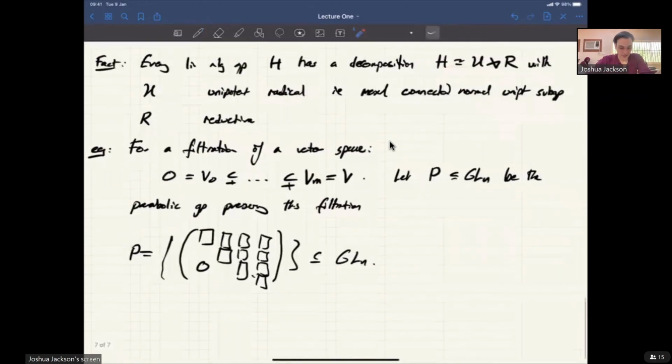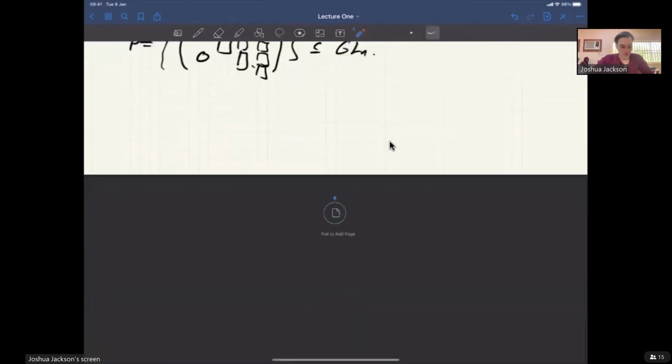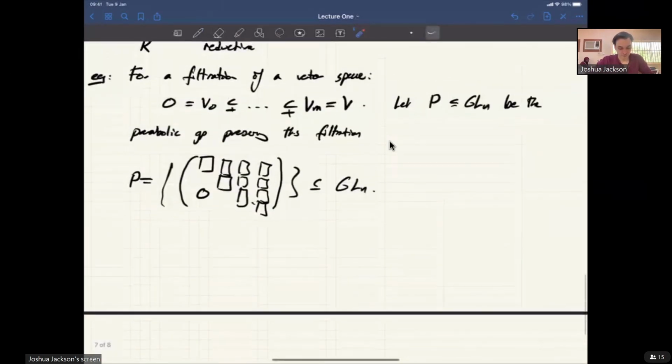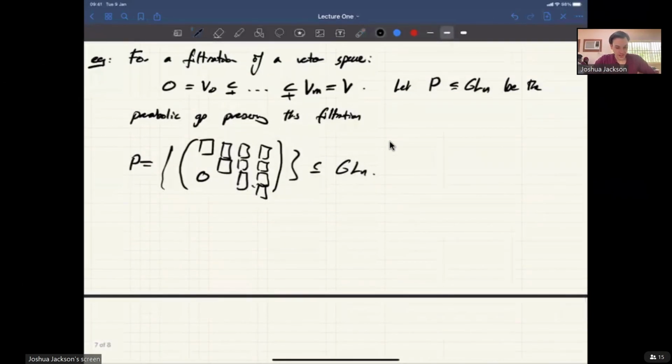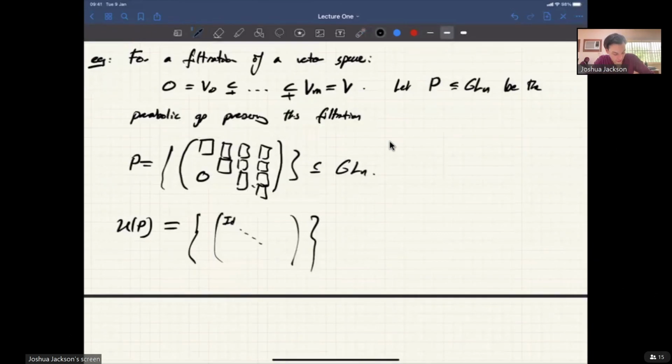It's quite a nice way of expressing it now that we've got this basis. The unipotent radical of P is the set of things in P, so they're block upper triangular, but with identity matrices on the diagonal. All of these diagonal blocks have to be the identity.